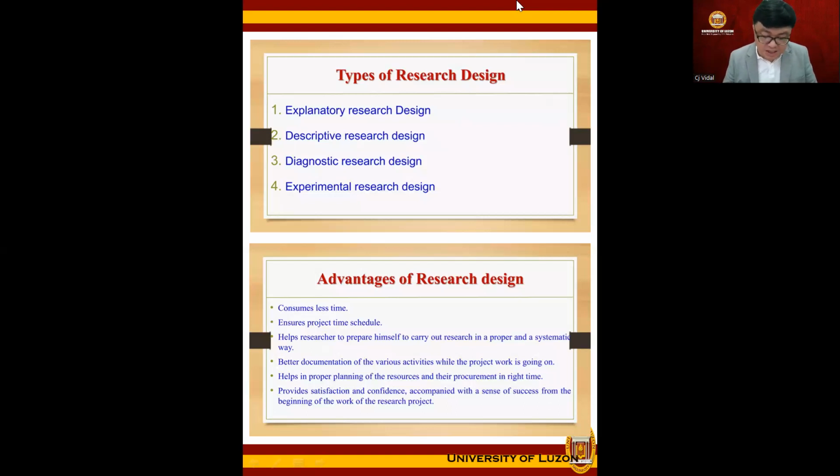So descriptive research design covers characteristics of people, such as socioeconomic characteristics like age, educational status, income, and the like. It may also involve qualitative data that is mostly collected, like knowledge, attitudes, beliefs, and opinions of people. So this is for descriptive studies.